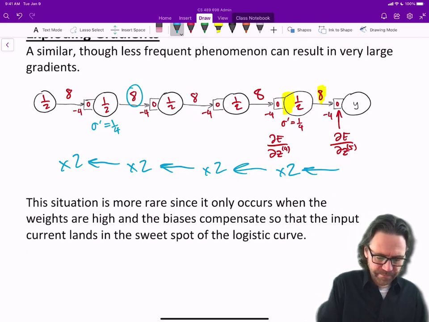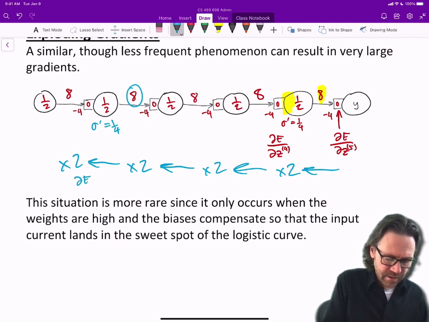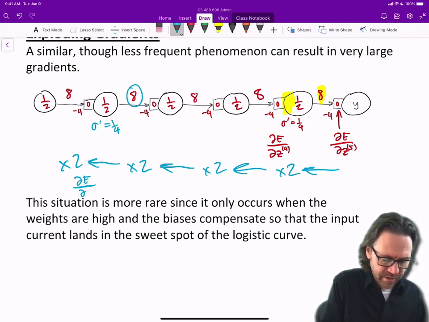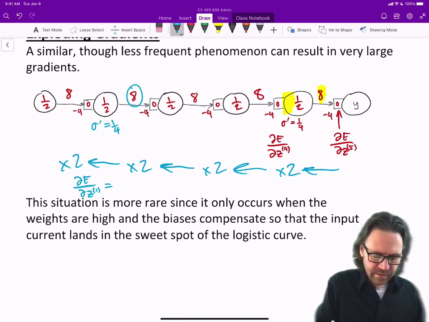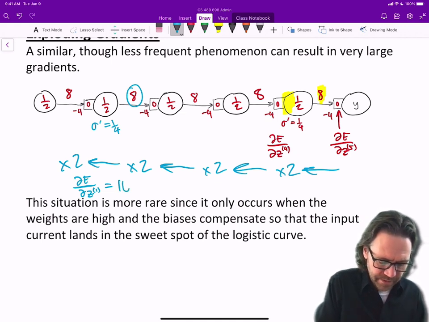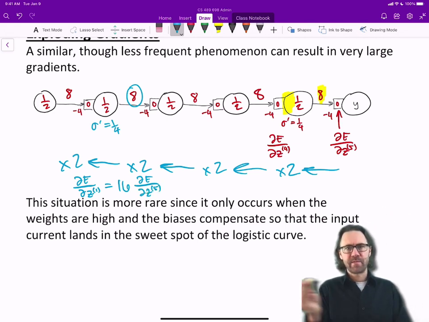So therefore, the gradient of our cost with respect to our input current to the first layer is, let's see, 2, 4, 8, 16 times the gradient at the top layer.